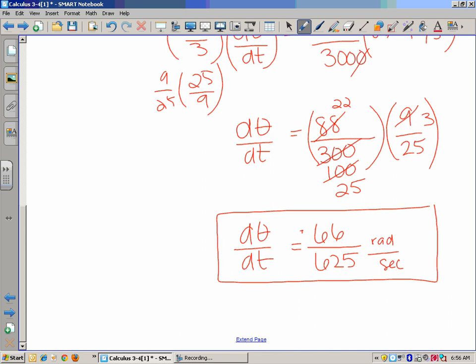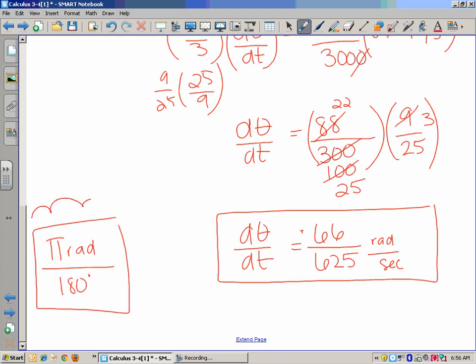So if your book gives you the answer in degrees, remember there's pi radians per 180 degrees. Okay? So in your thinking bubble, that's your conversion factor. So if you want to check and your book uses degrees, there you go. It was not specified, so I'm going to go ahead and leave it as positive 66 over 625 radians per second as my d theta dt. Okay?